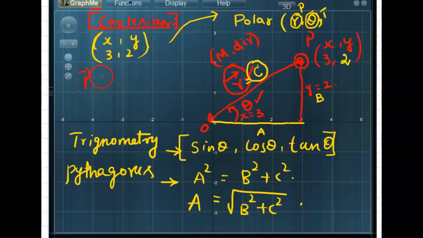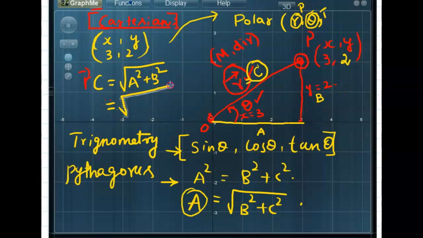So C is equal to square root of a square plus b square. This is the formula, right, in the Pythagoras theorem. A is equal to square root of b square plus c square. Here a is assumed as hypotenuse. Here the hypotenuse is c. So c is equal to the square root of the addition of the squares of both sides.